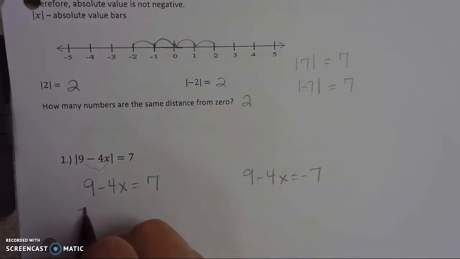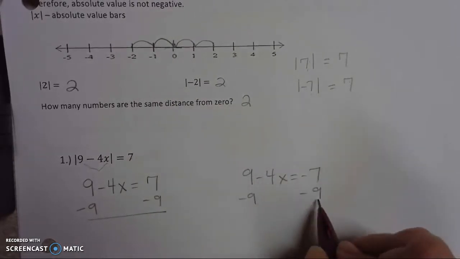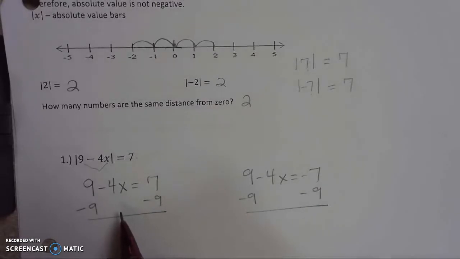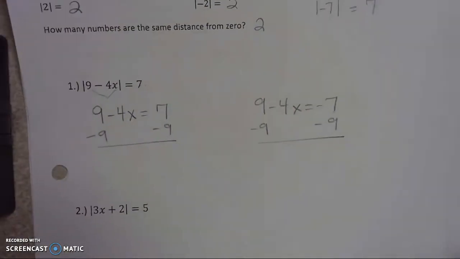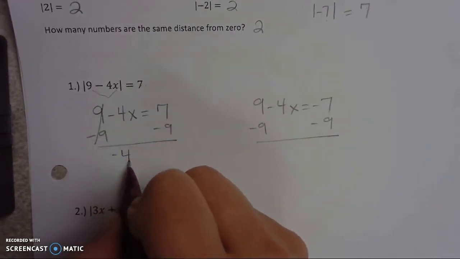Now to solve these 2 equations, on both of them, I'm going to subtract 9. Whatever way you use to solve the first equation, that is the way you would use to solve the second equation. Subtracting 9 on both gets rid of that.